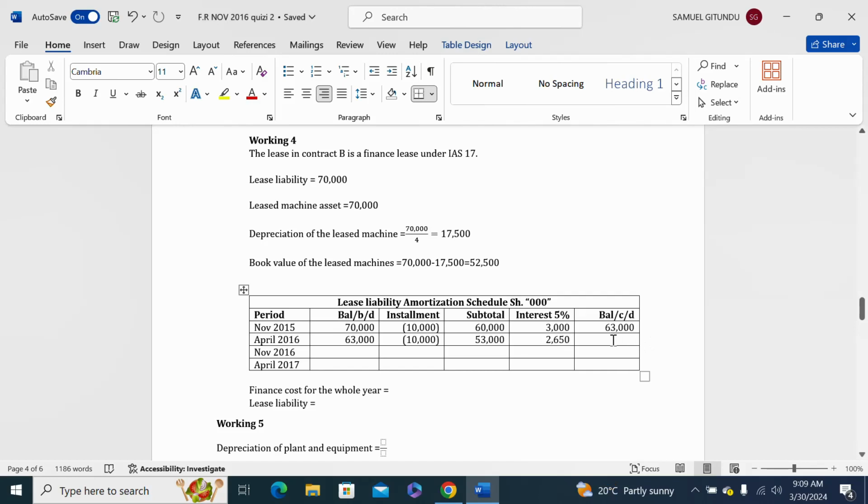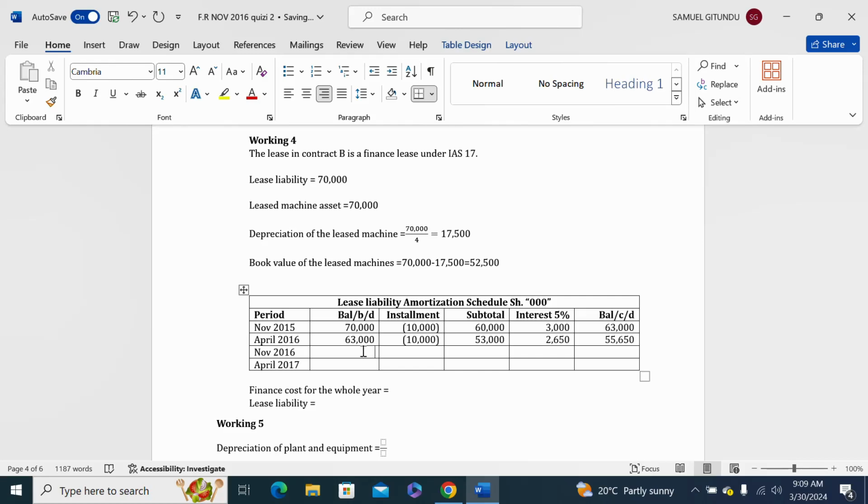We calculate the interest on this 53 million, which is 2,650,000. So the balance carried down now is this one plus this. It is 55,650,000. Then we go to the period from November 2016 to 1st March 2017.